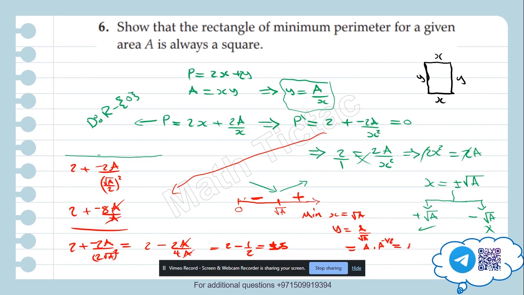So this is going to be equal to a to the power 1 over 2, which is square root of a. Now since y is equal to square root of a and x is equal to square root of a, that means we have a square here as well. That's it. This is the end of this part.